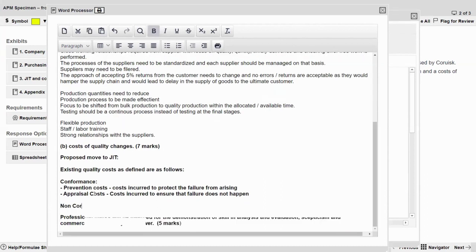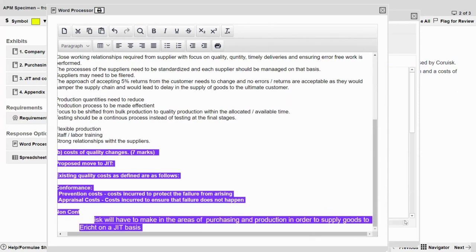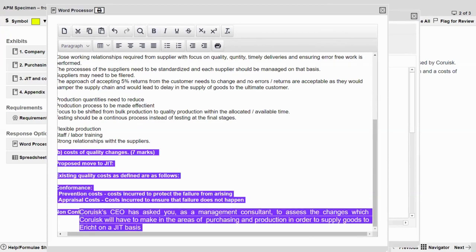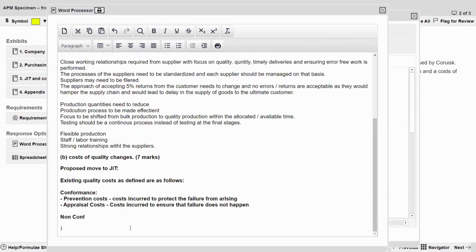Okay, let's talk about the cost of non-conformance.